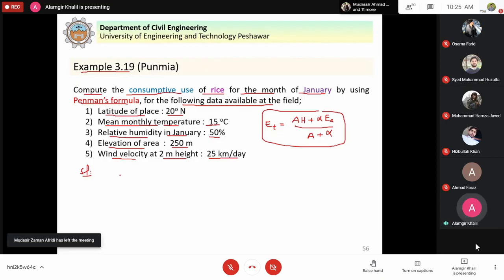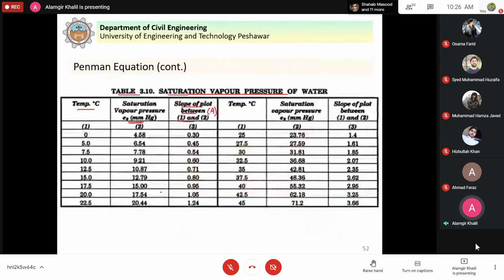So we are given the temperature. For the mean temperature, that is 15 degrees centigrade or Celsius, we go to table 3.10. So you can see here, first we go to this table 3.10, and now we are given the temperature 15 degrees centigrade. This is temperature in centigrade.